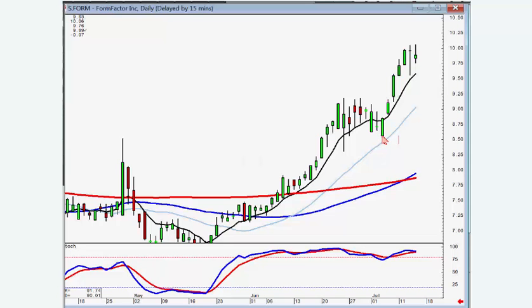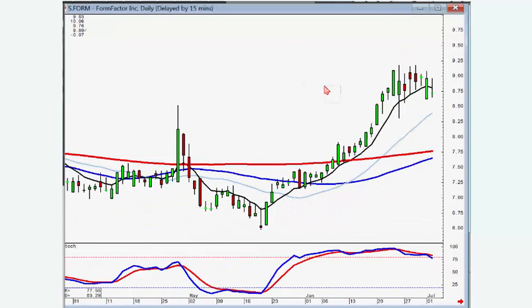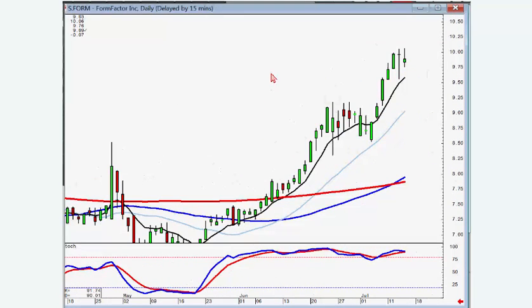A belt hold is something like this, except a belt hold is where you see a significant move away from the trading range and it comes back up into the trading range. Basically, what it tells you is they've wiped out a lot of sellers, but the bulls are still in control. A long-legged doji tells you there's great indecision, and I'm trying to think of which one might have. I'll try to find some as we go through.